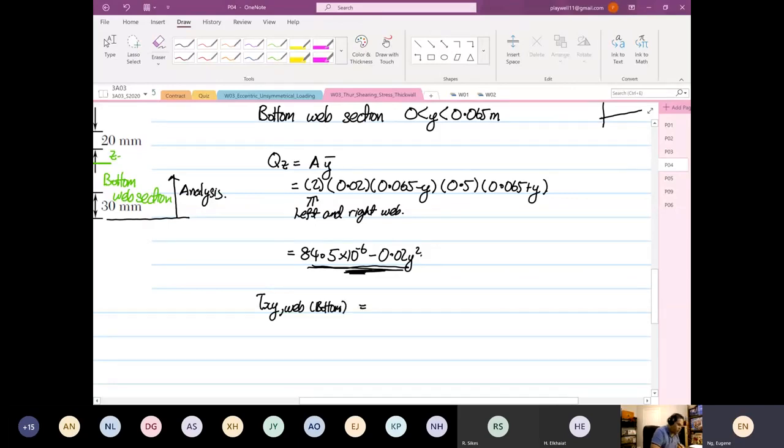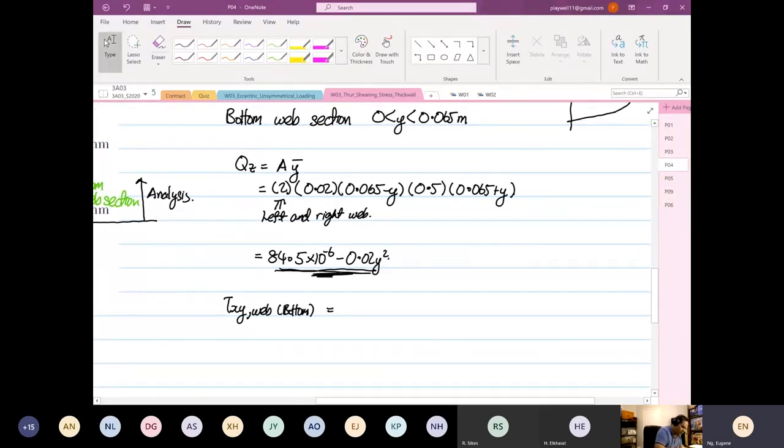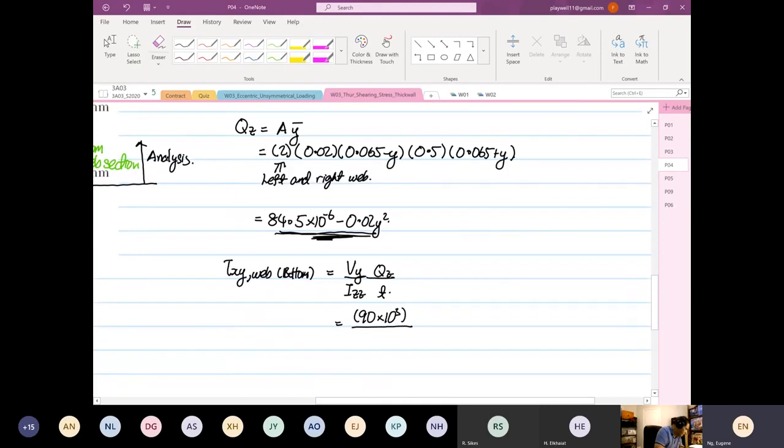This will be equal to, again, Vy over Izz times Qz multiplied by t. Like what I told you, it is constant, divided by the same number, 5.8133 times 10 to the power of minus 6. Same thing, so this is 84.5 times 10 to the power of minus 6 minus 0.02 y squared.